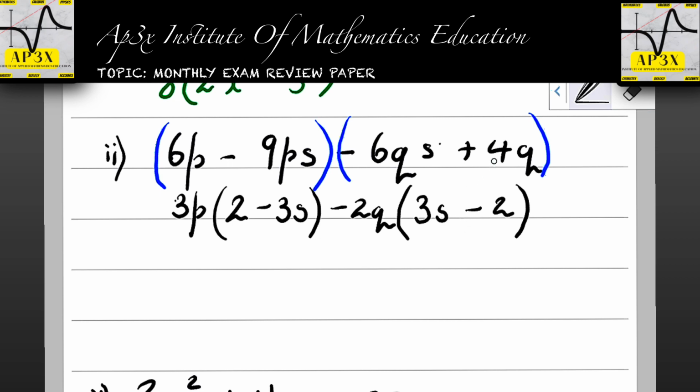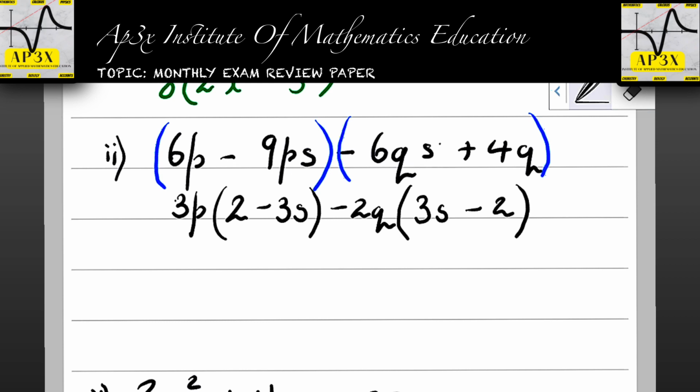Or we could go ahead and put the 4q in front of the -6qs, and when we factor, then this bracket over here is going to look exactly like the one over here. So I do recommend that when you reach this level, if you want to start over, you can go ahead and start over by just shifting up any of the two terms in the expression.